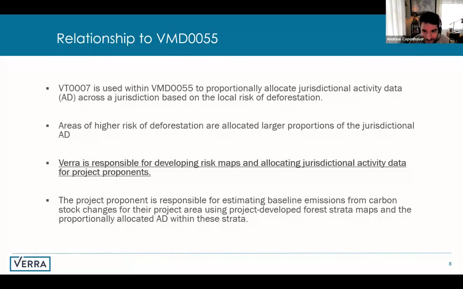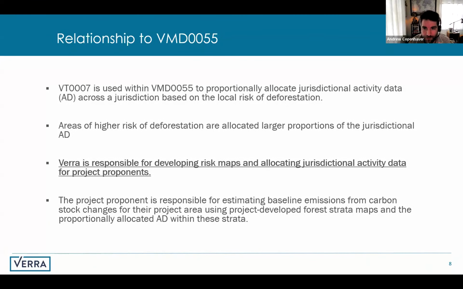VT7 creates a raster grid of deforestation risk, where each pixel represents the expected amount of deforestation for a given time period. The deforestation risk is used in conjunction with forest strata maps developed by a project proponent to estimate emissions from carbon stock changes based upon the amount of estimated deforestation within each forest strata.